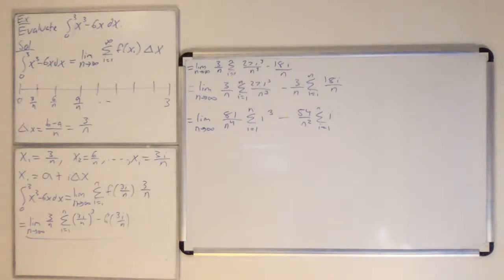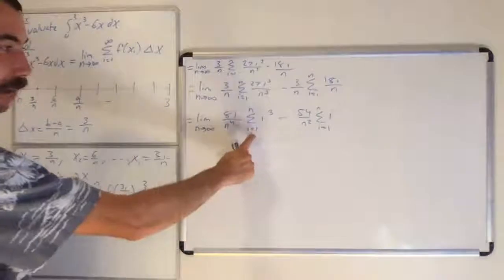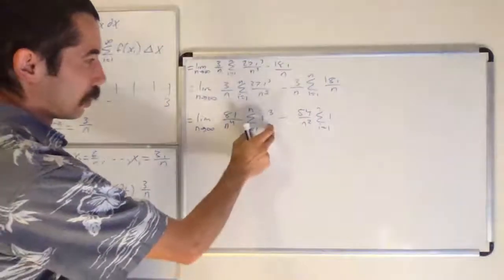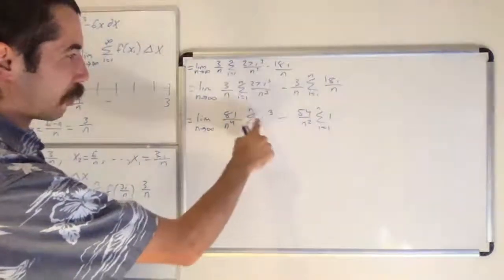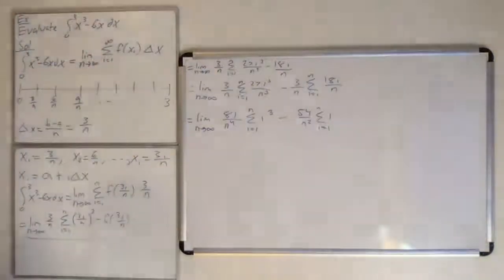Okay, so how do we go from here? Well, we have an identity that tells us how to express the sum of the first n cubes. And similarly, we know how to add the sum of the first n numbers. So we're going to use 2 of the identities.